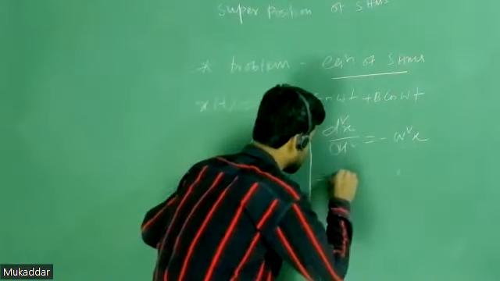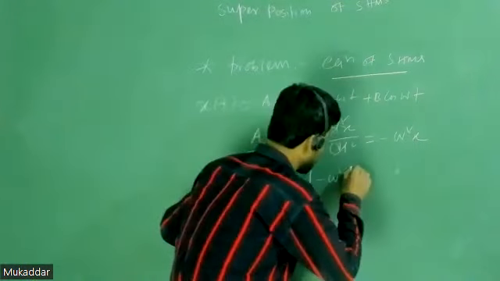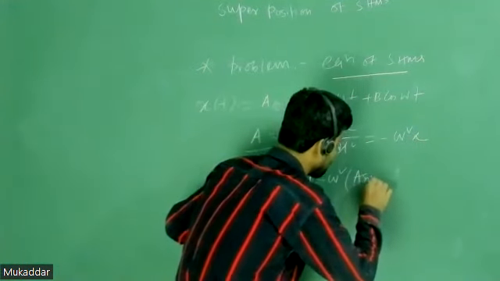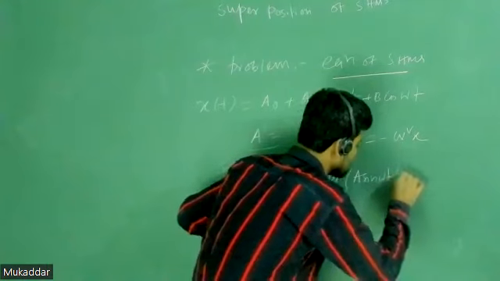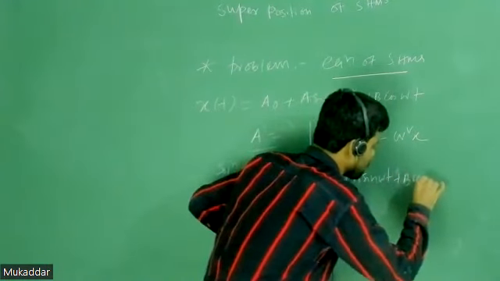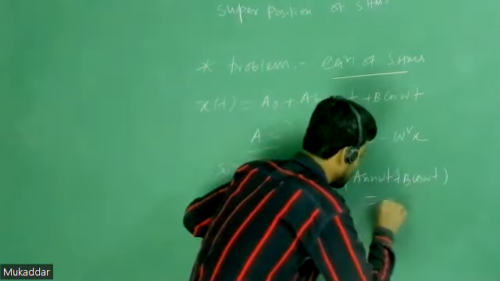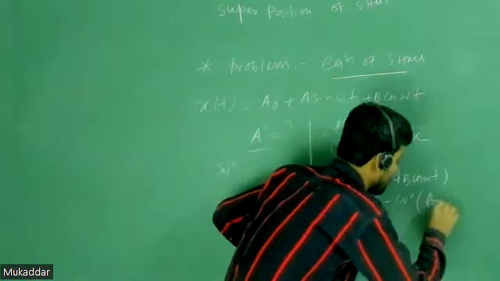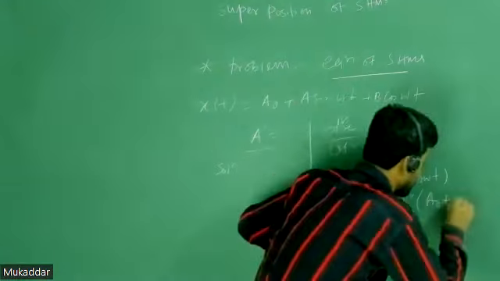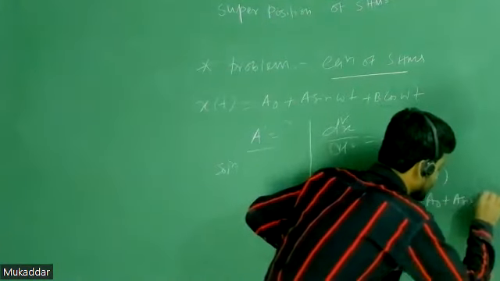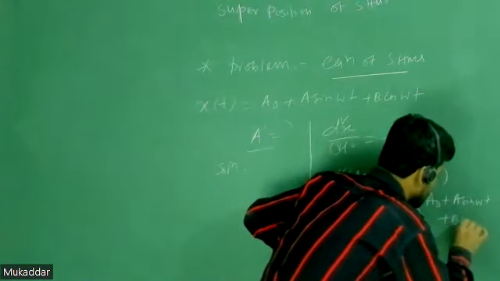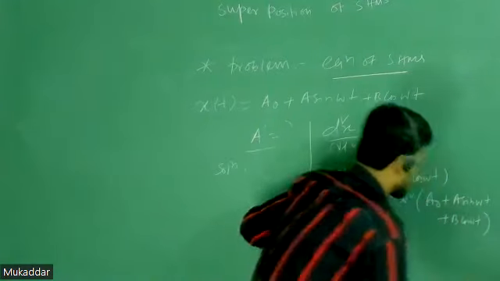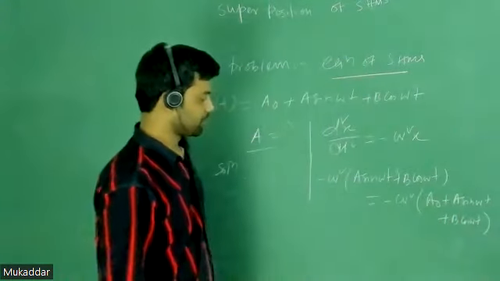Minus omega square times A sin of omega t plus B cosine of omega t, and that will be equal to minus omega square times A naught plus A sin of omega t plus B cosine of omega t.